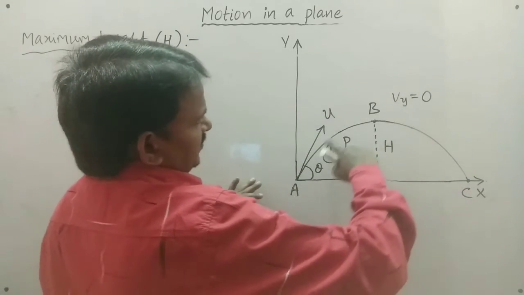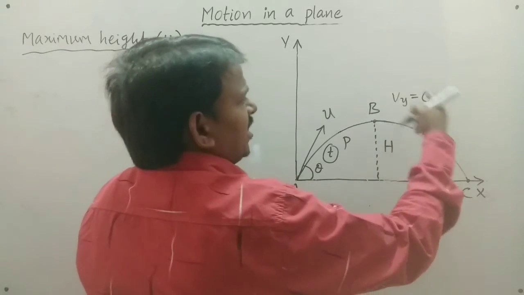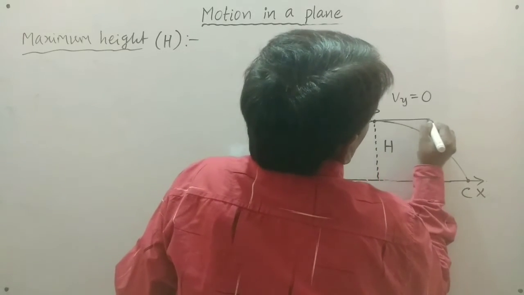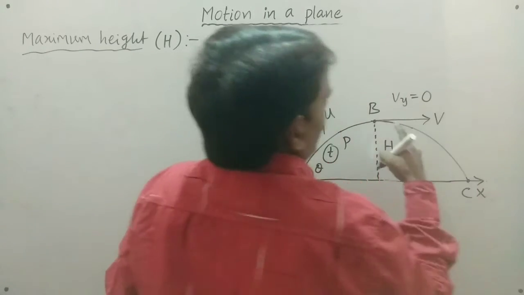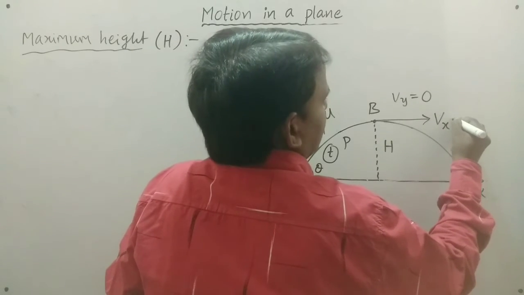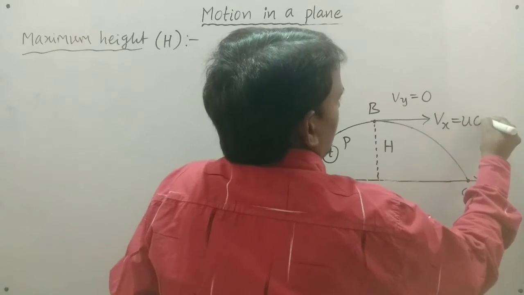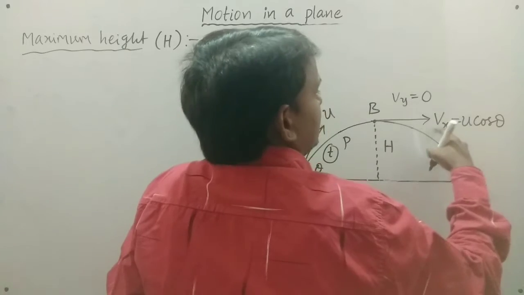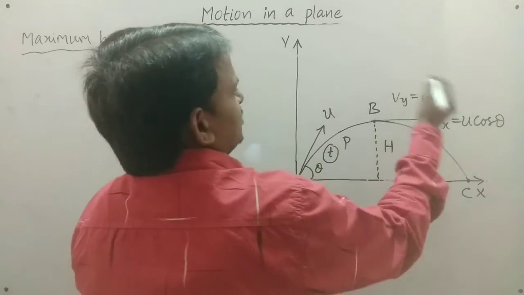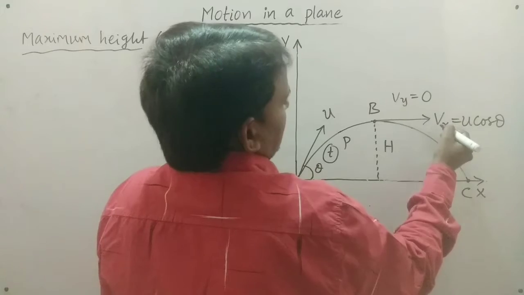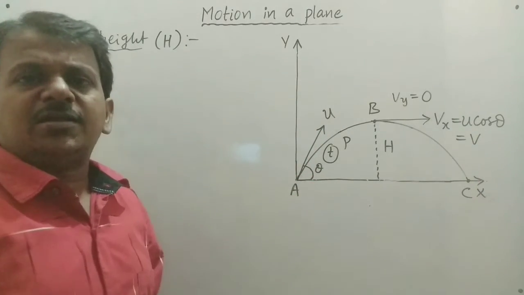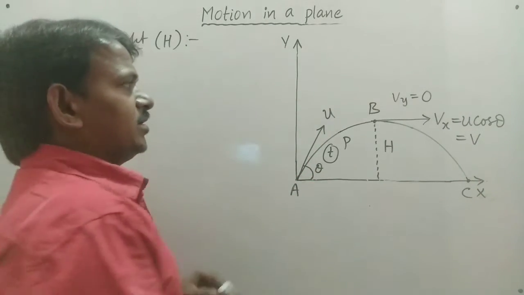Then only the horizontal component Vx remains, that is u cos theta. So V is nothing but Vx, u cos theta, at maximum height.